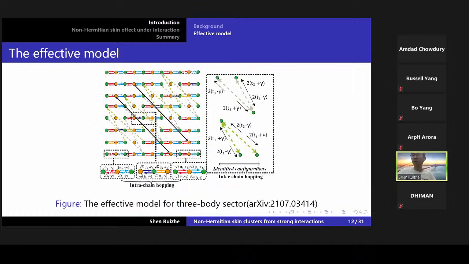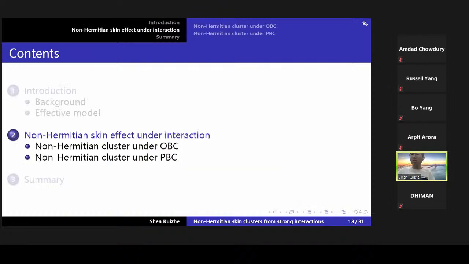We can also label these effective hoppings, and for this 3-particle model, it becomes a 2D effective model, and I will explain some details later. So on this basis, we can deal with our interacting non-Hermitian model at the effective model level, and we don't need to deal with the interaction.